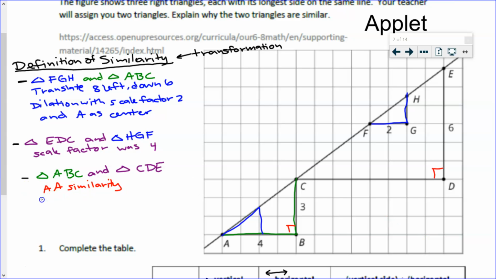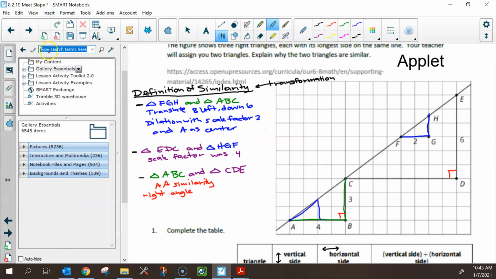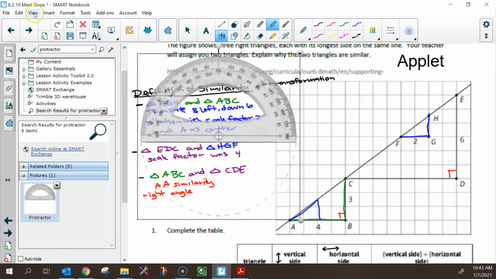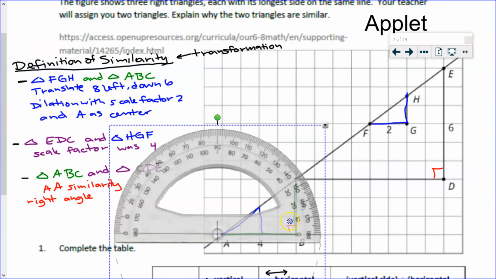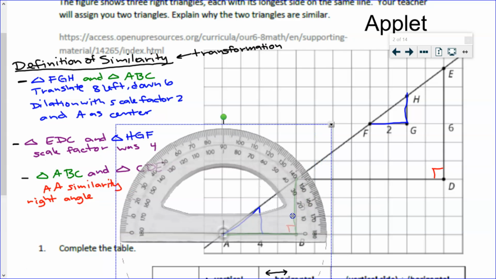There's one angle. Get out those protractors, measure another angle. In my opinion, the easiest angle to measure would be angle A and angle C.